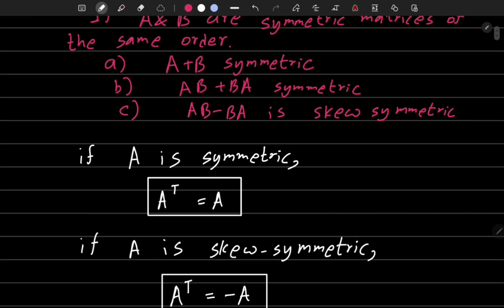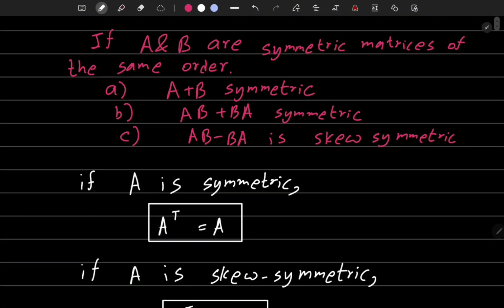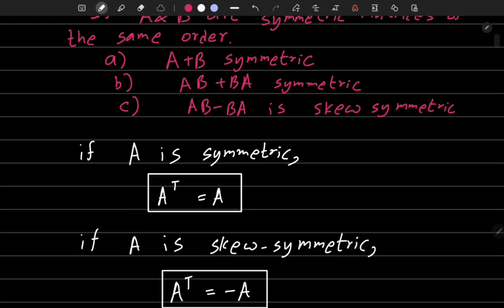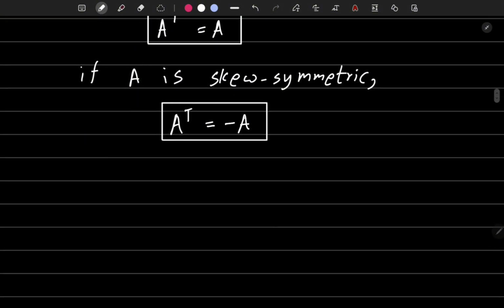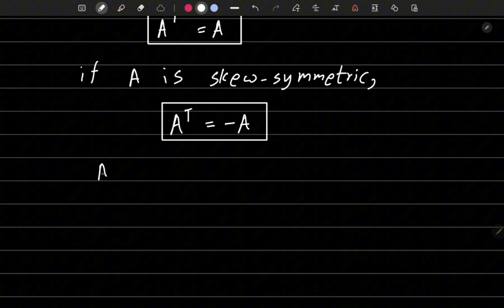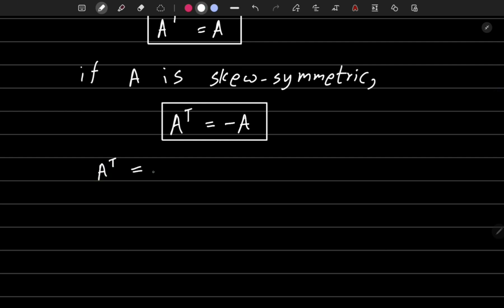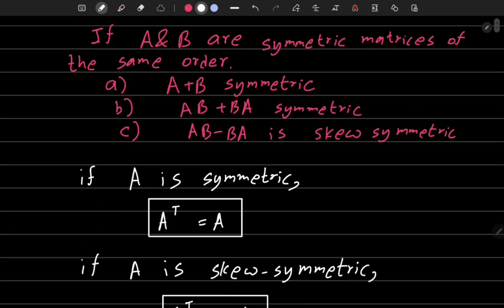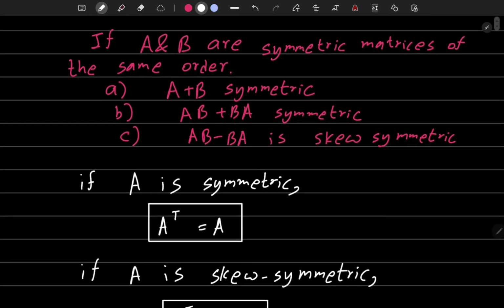In the question it says A and B both are symmetric, so I can simply say that the transpose of A is equal to A and the transpose of B is equal to B. These two are the data. Firstly I have to prove that A plus B is symmetric.